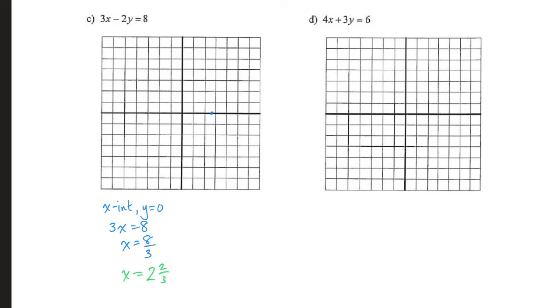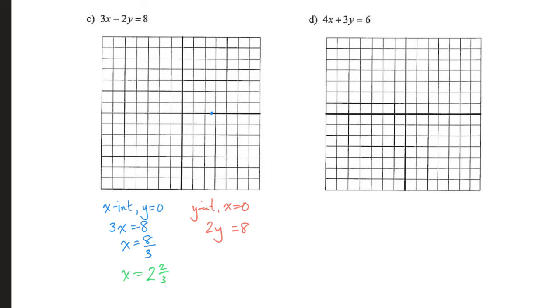Okay, now I can go through and find my y-intercept and replace my x value with 0. And some of us just made our key mistake. I want you to be very careful if you wrote this down on your page. If we did, we made an error. Take a look back up at our original equation.